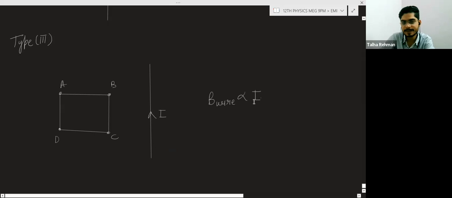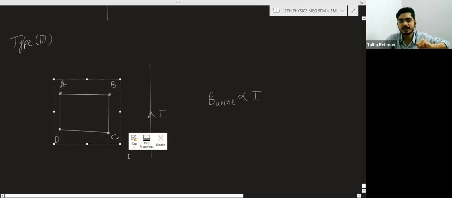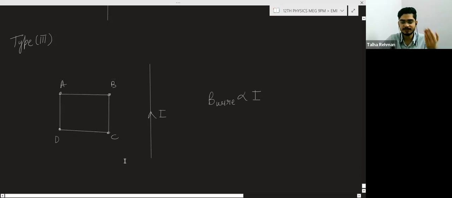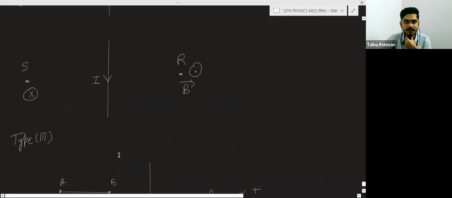When you increase the current in the wire, the magnetic field around the wire will increase. So you can say the magnetic flux linked with this coil is increasing.